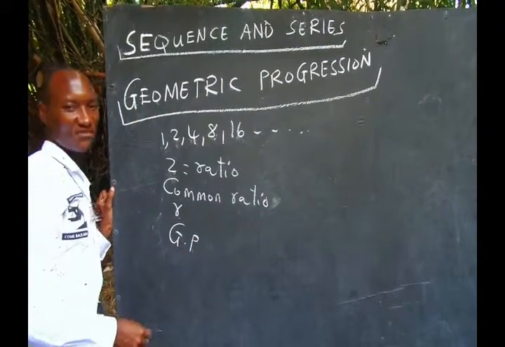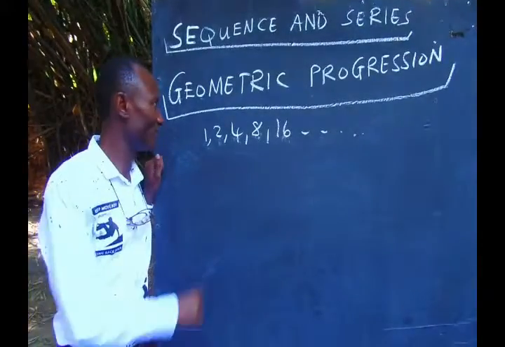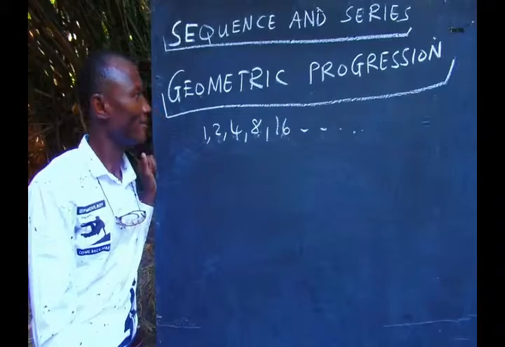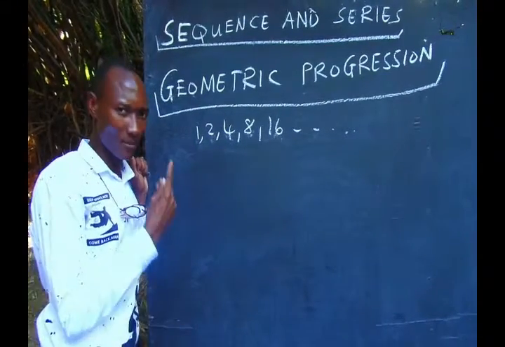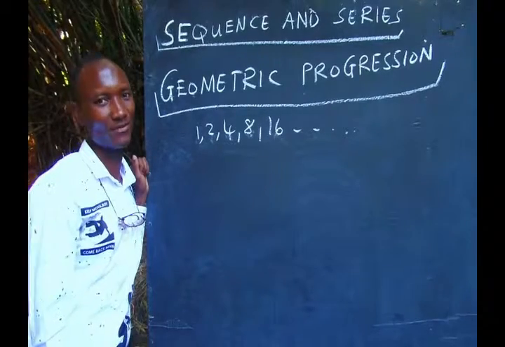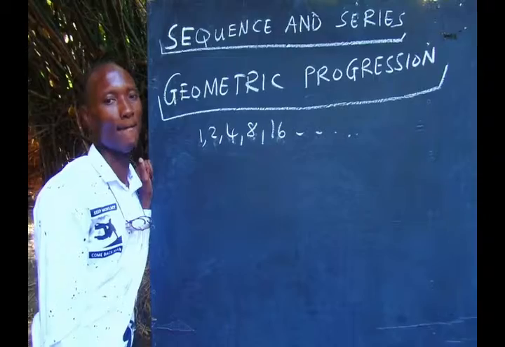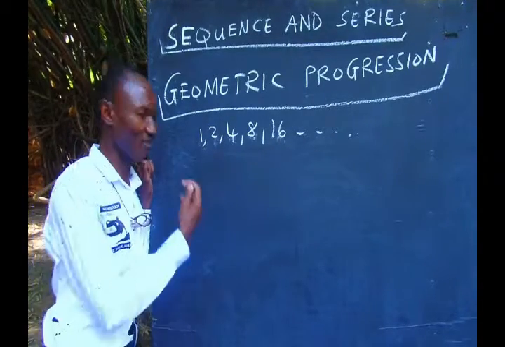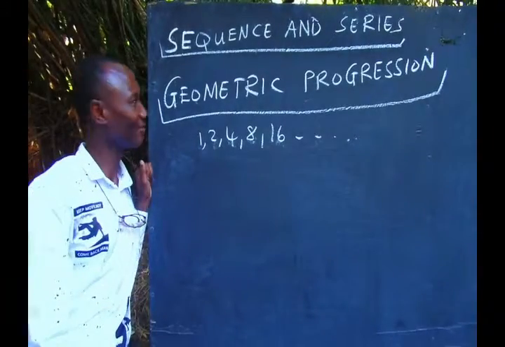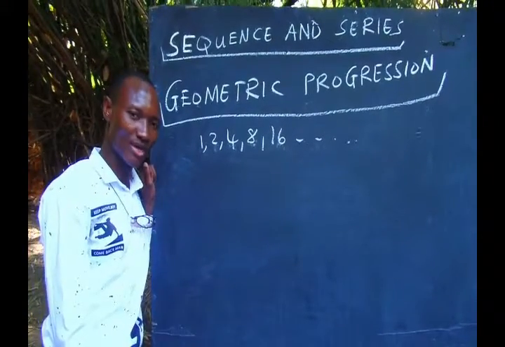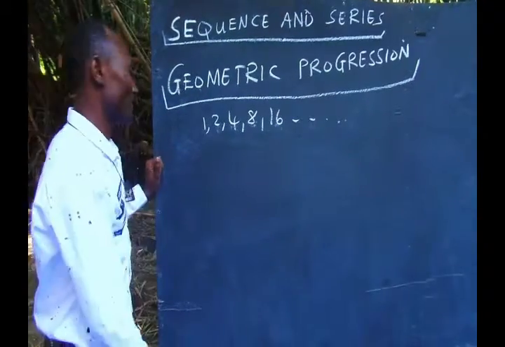Geometric progression, GP. So by definition, geometric progression is the type of sequence in which the next number is obtained by multiplying a fixed number. We multiply a fixed number to get the next term of geometric progression.